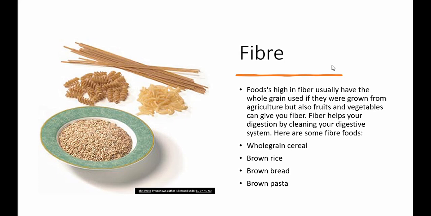Whole grain cereal, brown rice, brown bread, and brown pasta can also be included in carbohydrates. It just needs to be brown to be very high in fiber. Though some other things have fiber too, like some fruits.